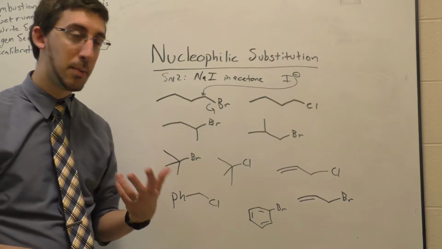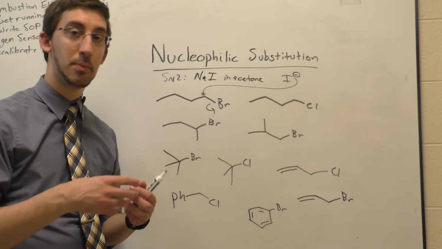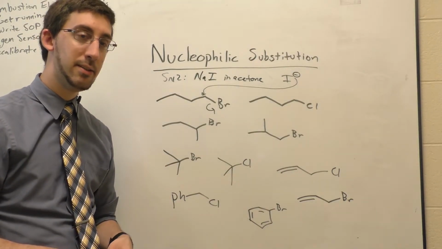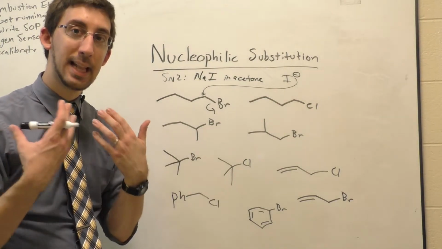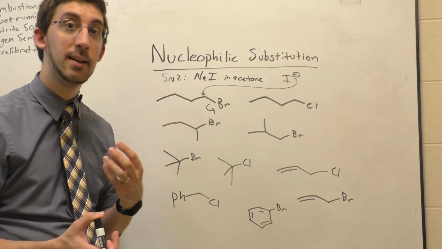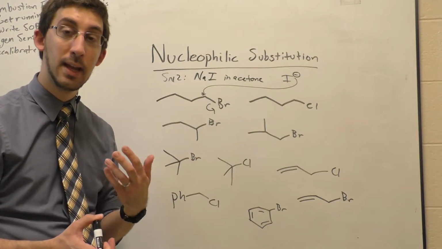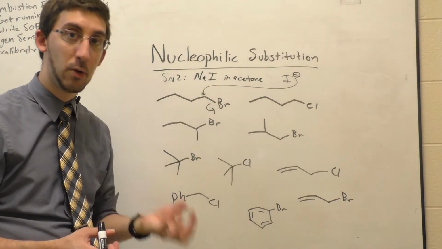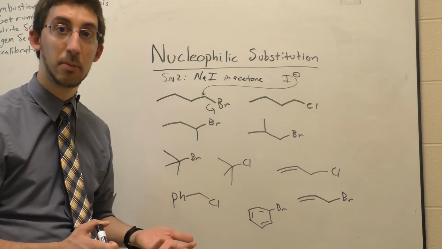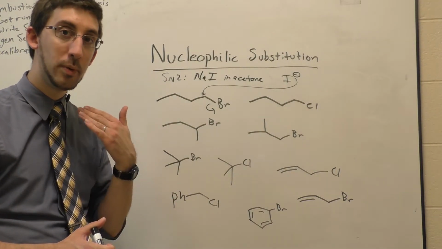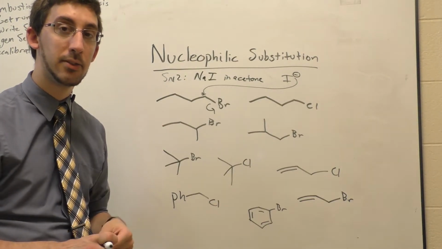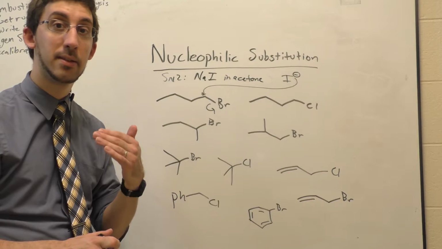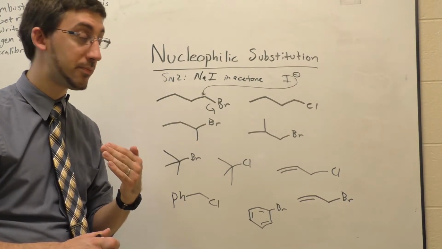Now, when we think about precipitates, often we think about something falling out of solution. In many cases, what we're looking for in lab is we're just looking for the solution to get cloudy, to get noticeably cloudy. That indicates that something is not soluble, even if it hasn't settled out of solution as a solid precipitate yet. So when we see that cloudiness, distinct cloudiness, that's when we can mark the time as a reaction having occurred.